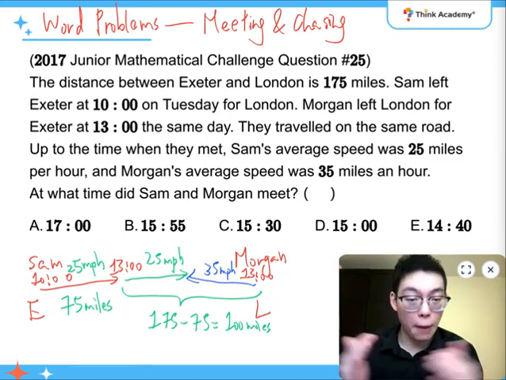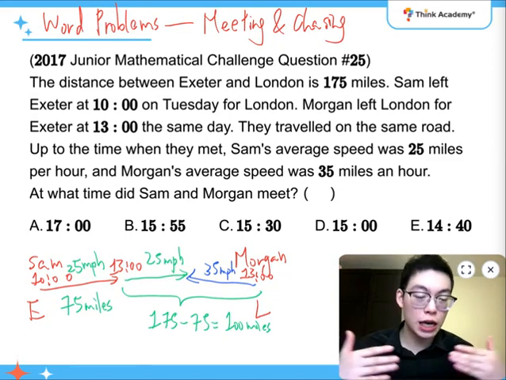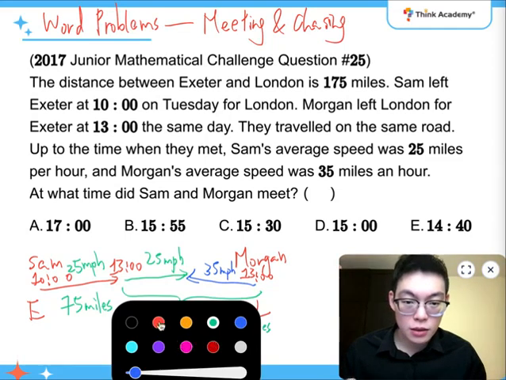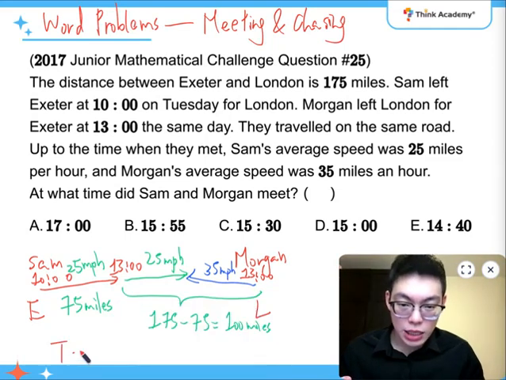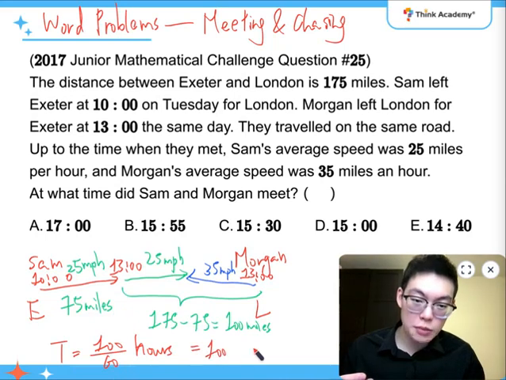So the combined speed is 60 miles per hour, and they are traveling 100 miles, which means that they would need a time of 100 divided by 60 hours, which is 100 minutes.